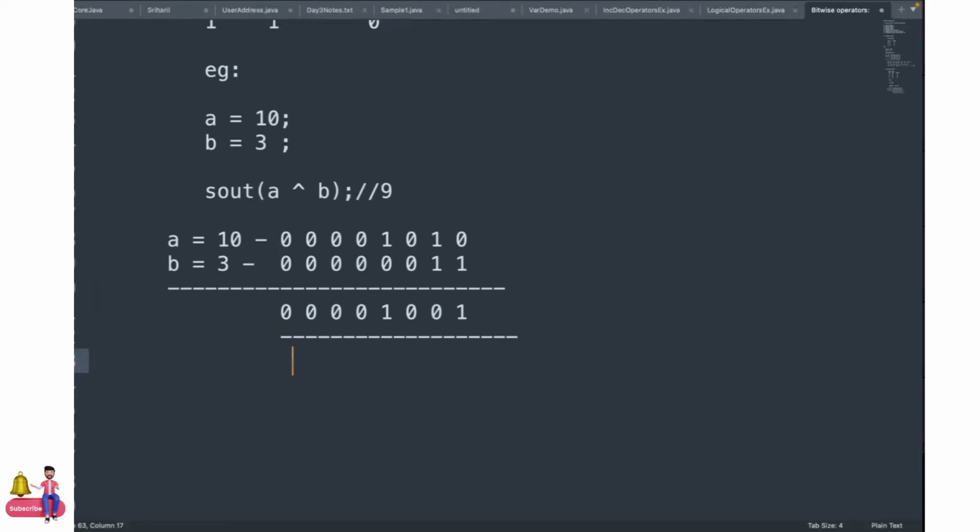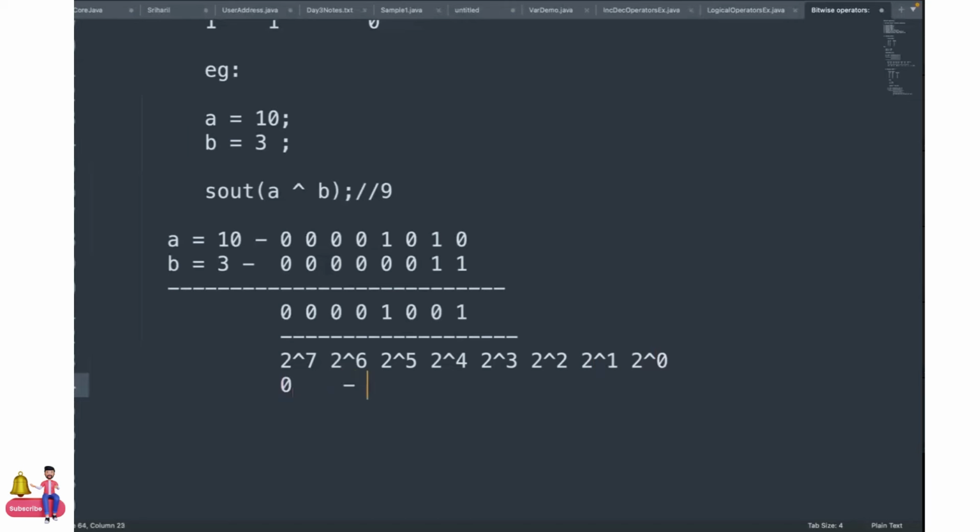Let me write it from 2 to the power 7, then 2 to the power 6, 2 to the power 5, and we have 2 to the power 4, 2 to the power 3, 2 to the power 2, 2 to the power 1, and 2 to the power 0.